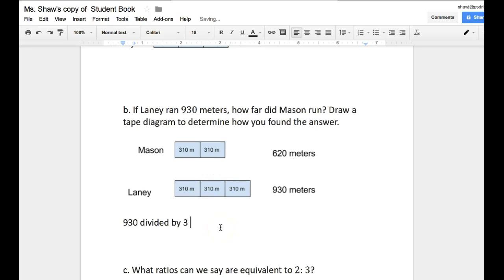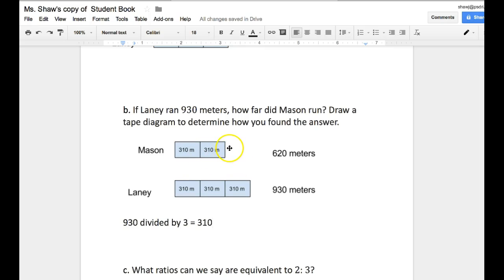And so 930 divided by 3 equals 310. That's why I put 310 inside each one of these. If I put 310 inside each one of these, the units are the same amount. So this one had 310, this one had 310.